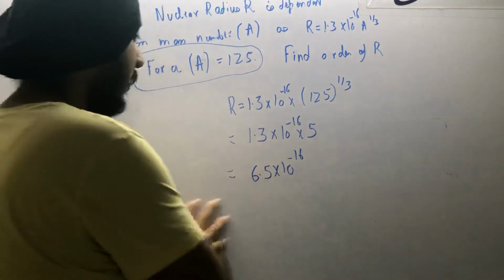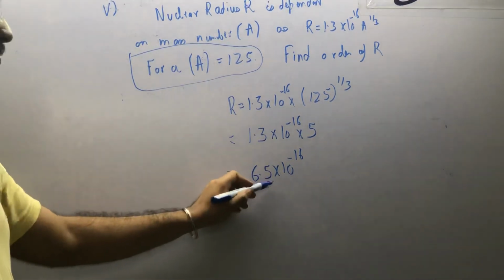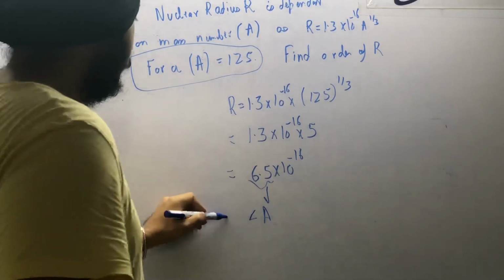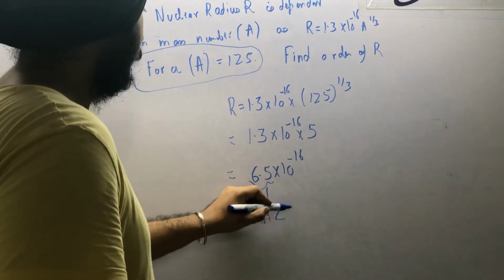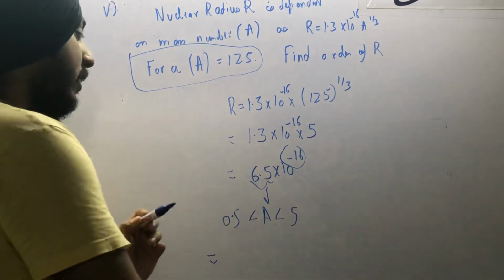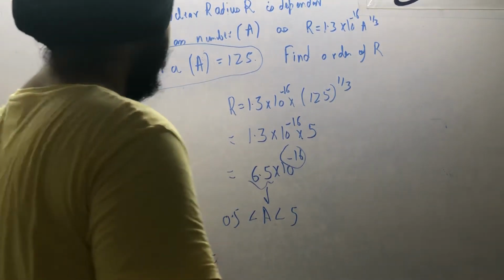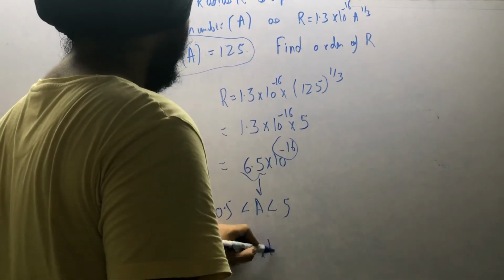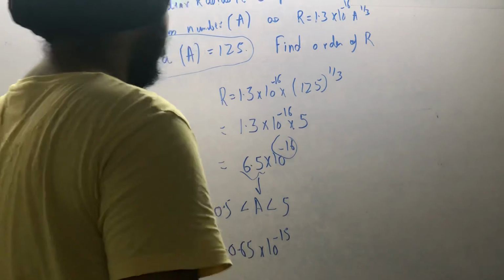So before you write in the form of order of magnitude, this is the value of A. Okay, it should lie between 0.5 and 5 to find out this order. So just convert it into a value that lies in between these two numbers. So that will be 0.65 into 10 raised to the power minus 15.